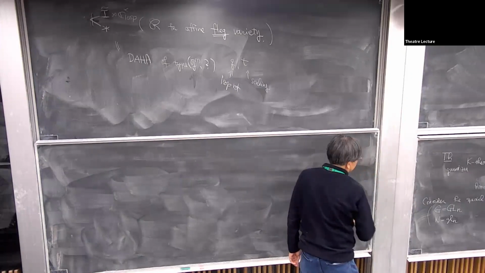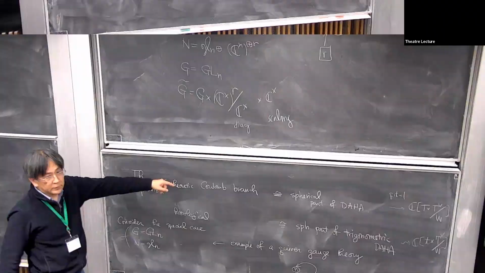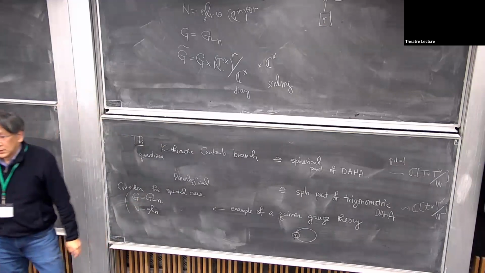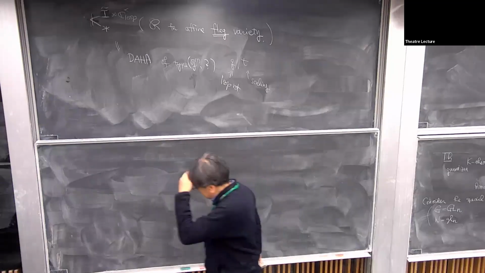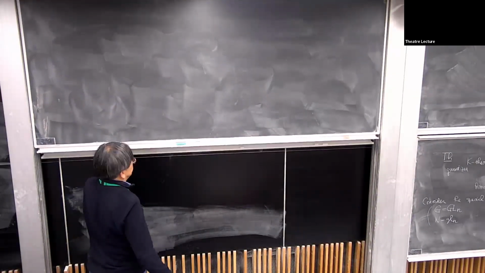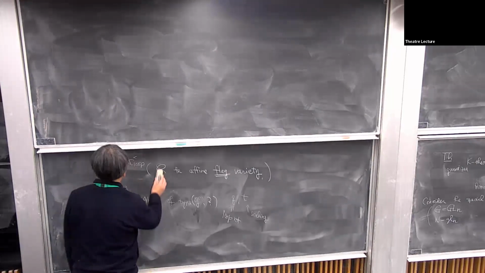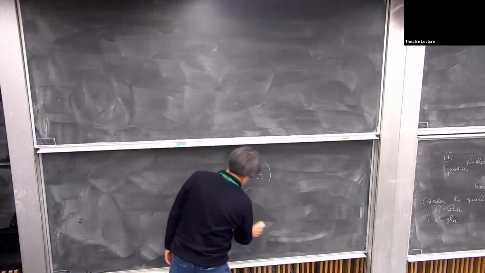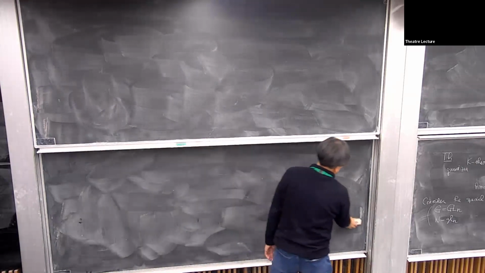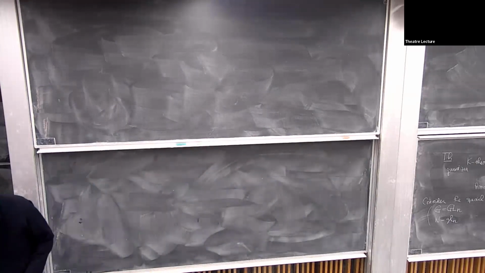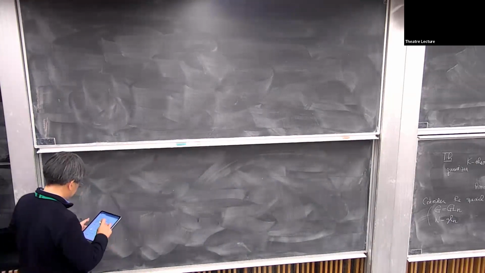So you consider the categorification of this by considering coherent sheaves on this variety and, okay, then the Higgs branch.